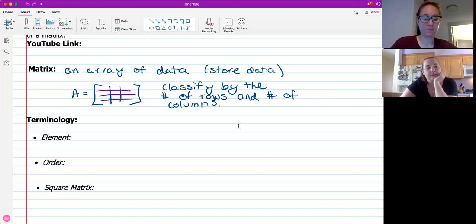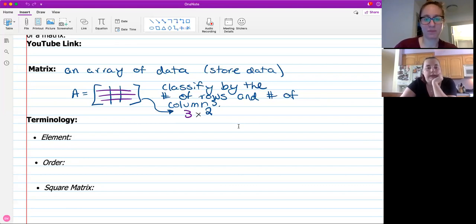Okay, so it's very important that you remember, because when you classify matrices, you have to put rows first. So in this case, I put 3 rows in our matrix. And then you put the little X, like when you're doing dimensions like length times width, and then you put columns next. So we have 2 columns in this example.